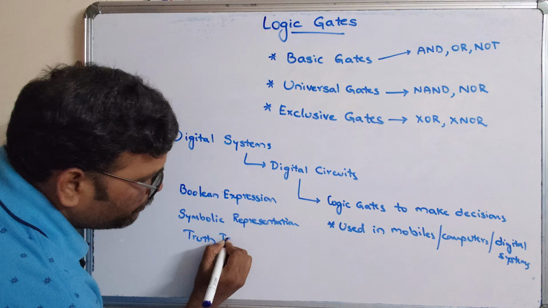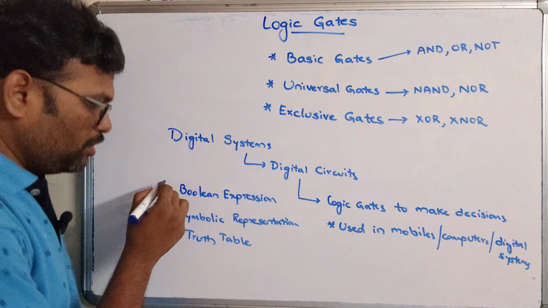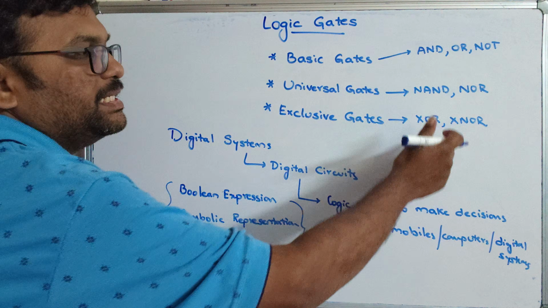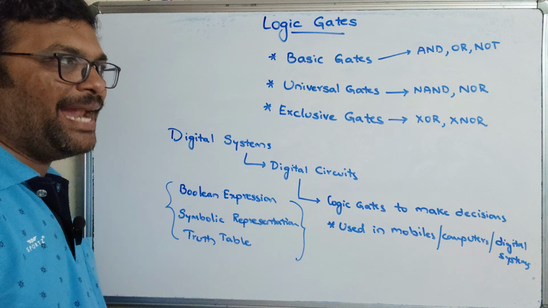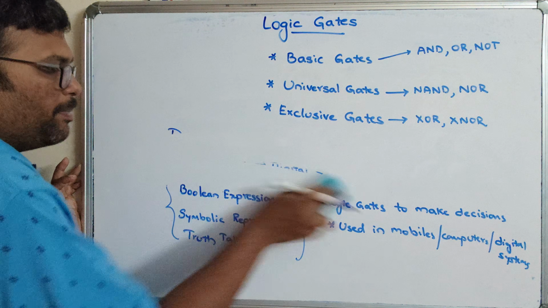So if you give the inputs, what will be the output? These three things we need to learn for all these gates: AND, OR, NOT, NAND, NOR, XOR, and XNOR. Now let us start one by one.